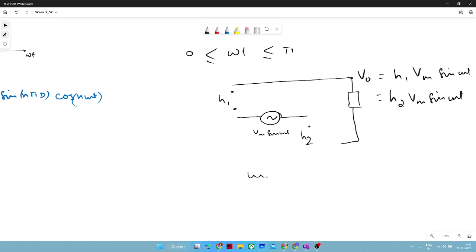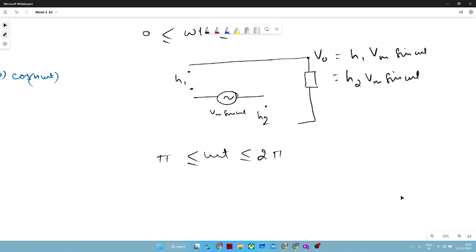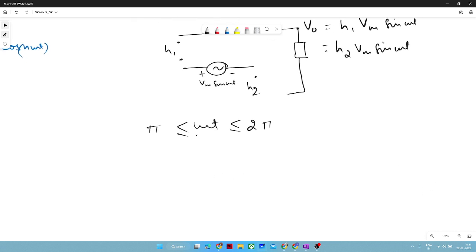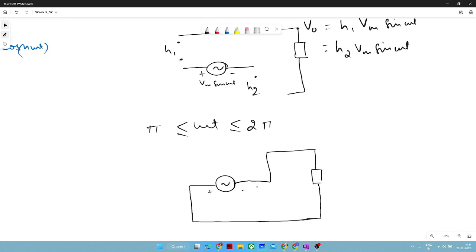Then for pi to 2 pi, the other switches H3 and H4, as I mentioned, will be conducting, and here it was in this polarity. So H3 was here and H4 was here.